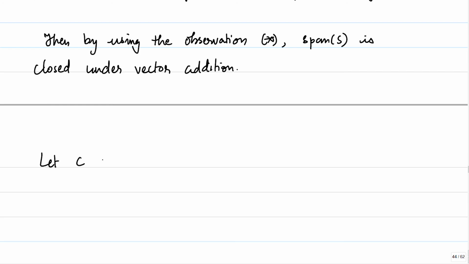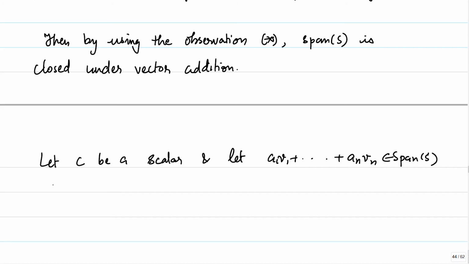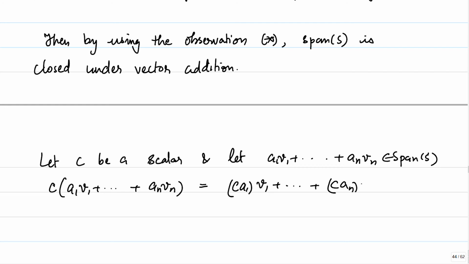So let c be some scalar, a real number, and let a1 v1 plus up to an vn be an element in the span of S. Then c times a1 v1 plus up to an vn is a scalar multiplied to a vector, and by the various properties of the operations in a vector space which were listed in the definition, this is equal to c a1 v1 plus up to c an vn.